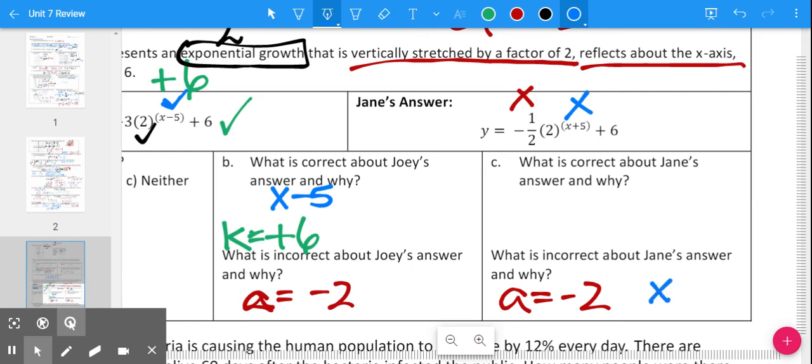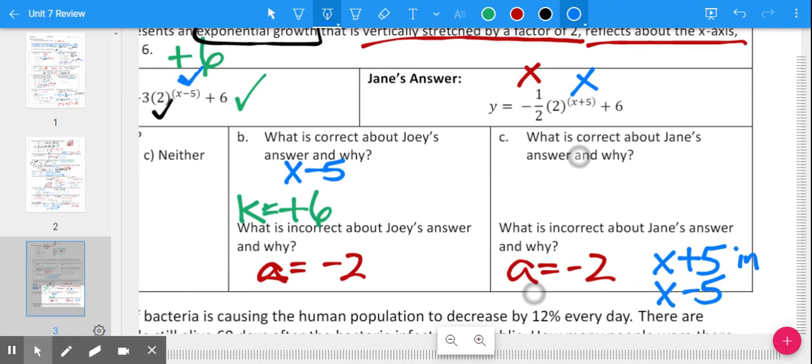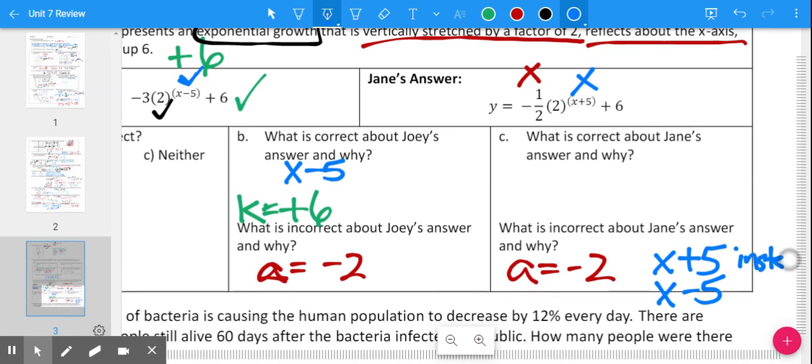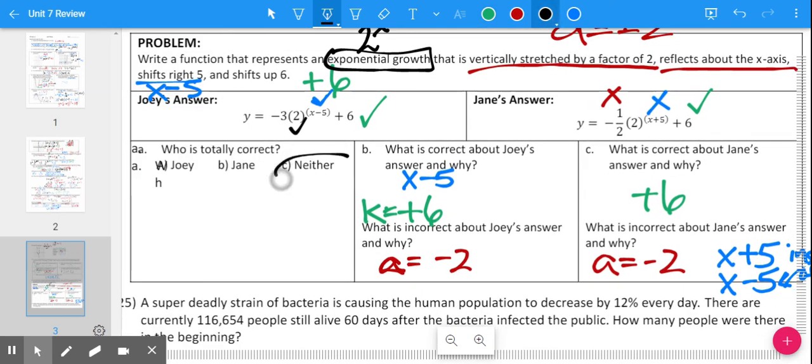She has x plus 5 instead of x minus 5. But she did get the plus 6 at the end correct. So that k equals 6, she got correct. So neither of them were perfectly correct.